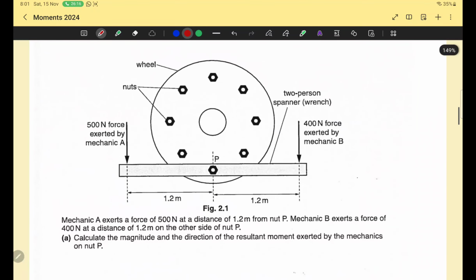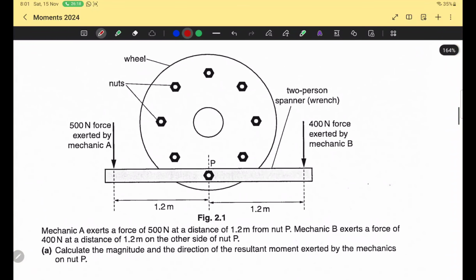In this question, this is a wheel in your car, and this wheel is pivoted on the axle with the help of nuts. These nuts are very tight.